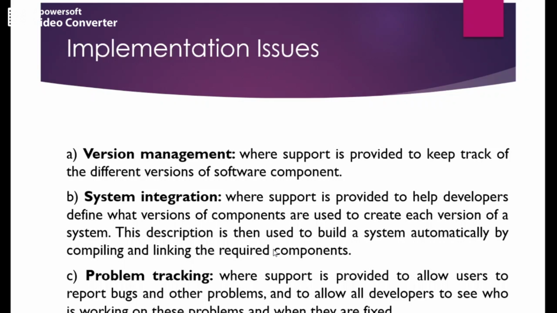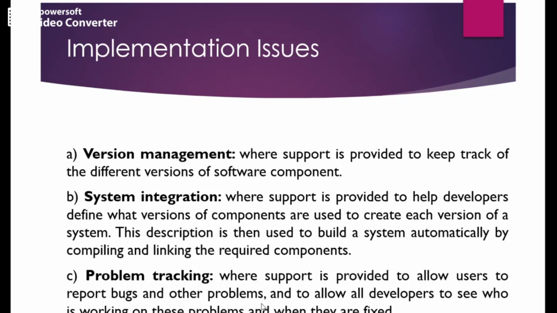So you have to make available all those components to them so that they can automatically build the system and they can compile and link all those components to the system. Clear? Next, problem tracking, where support is provided to allow users to report bugs and other problems.